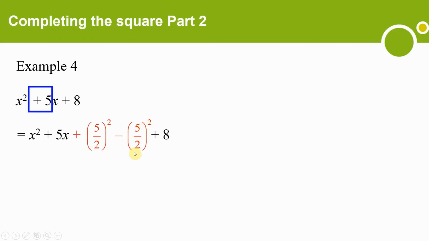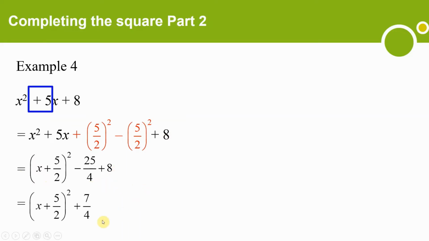We keep it in this form. Okay, follow back the same steps. We bring this fraction into the bracket, and we have this square bracket, and the rest we just need to simplify it. Okay, so just be careful when you simplify the fractions. So at the end we'll get this completing the square form.